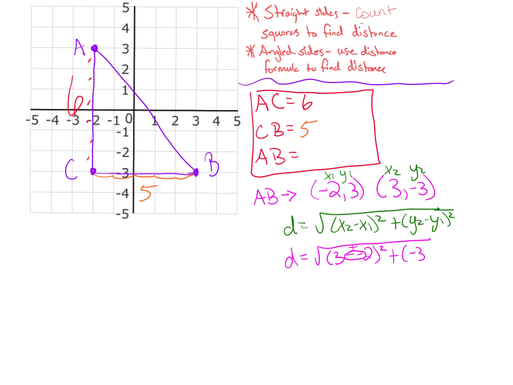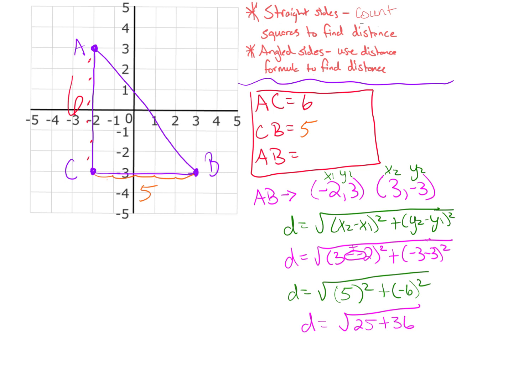Plus y2 is -3 minus y1 is 3. First one, 3 plus 2? 5 squared plus -3 minus 3? -6. 5 squared. -6 squared. There you go. Positive 36. And then we add them together, and what do we get?